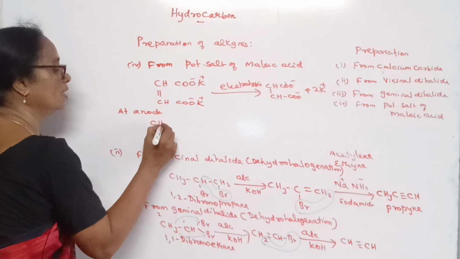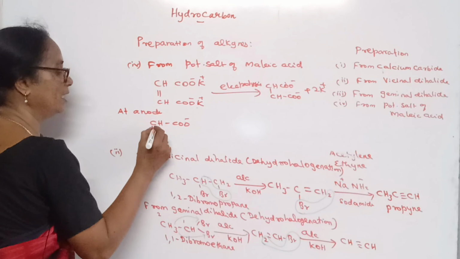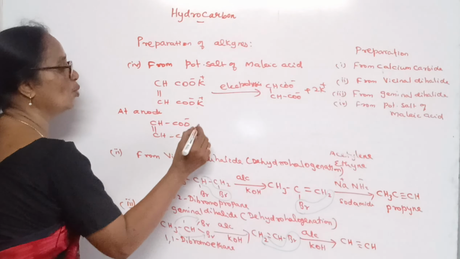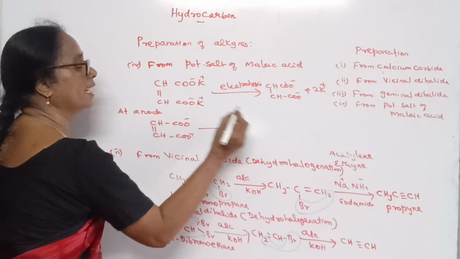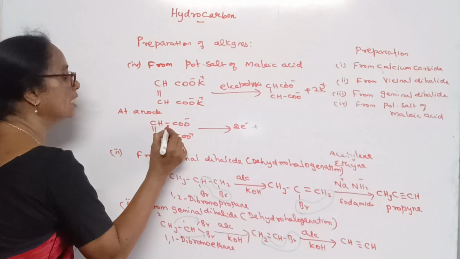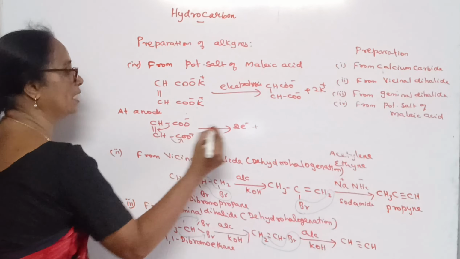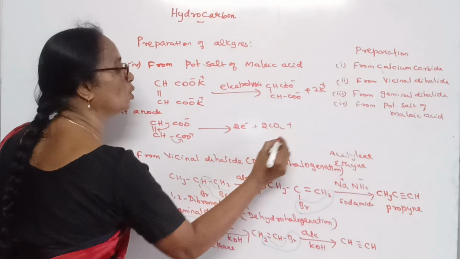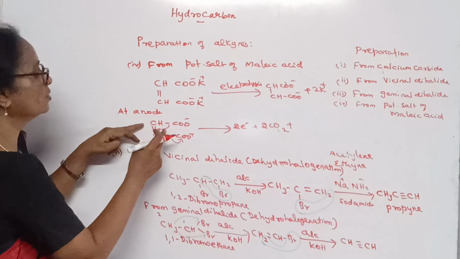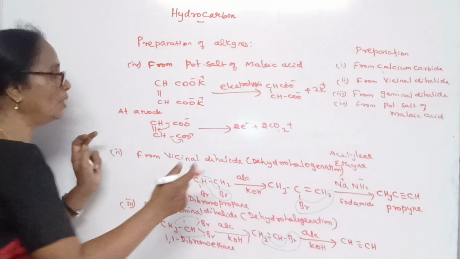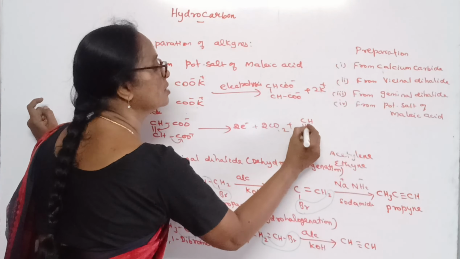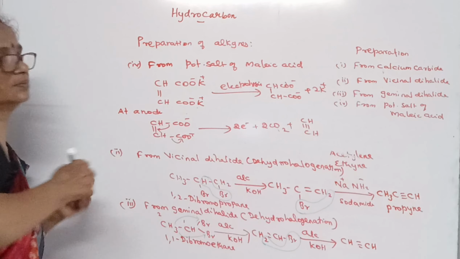So we can have CHCOO minus, CHCOO minus. It loses the 2 electrons, along with 2 molecules of carbon dioxide, that is 2CO2. We have both carbon dioxide groups removed from adjacent carbons. So the double bond is now a triple bond. So we are getting ethyne.